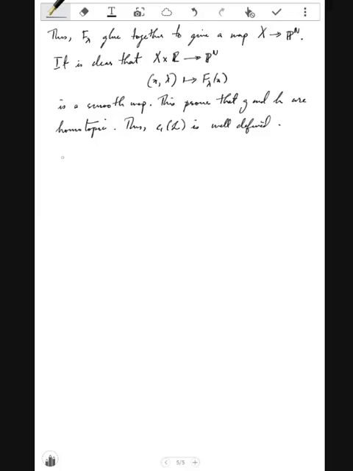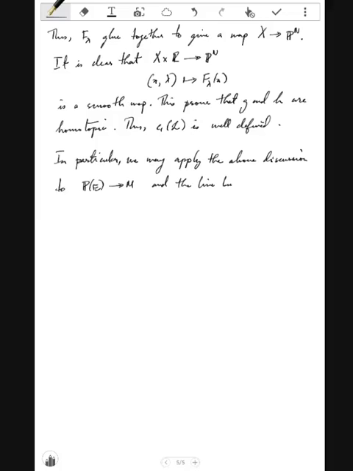So in particular, we may apply the above discussion to P(E) and the line bundle O_P(E)(-1) on P(E).